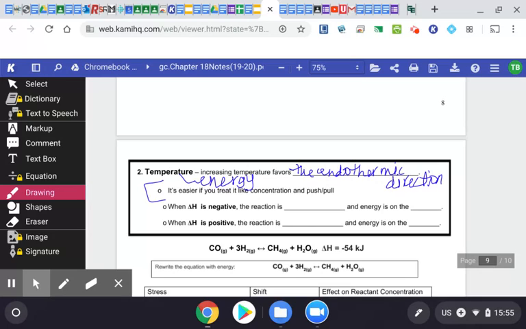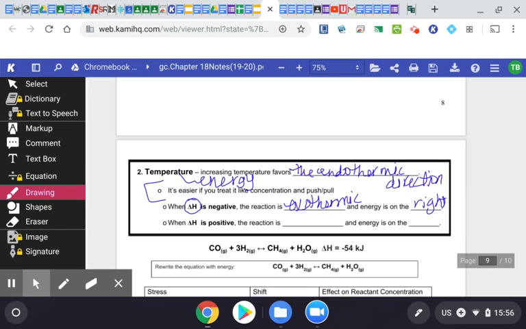Now, we represent energy with this triangle H. This triangle H stands for change in energy. When your change in energy or enthalpy is negative, that means our reaction is exothermic. We're releasing energy and giving it off. So energy is going to be on the right-hand side. Remember, an exothermic reaction is releasing energy.